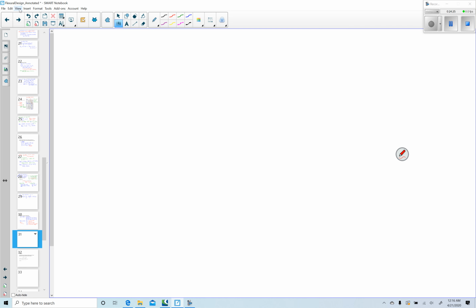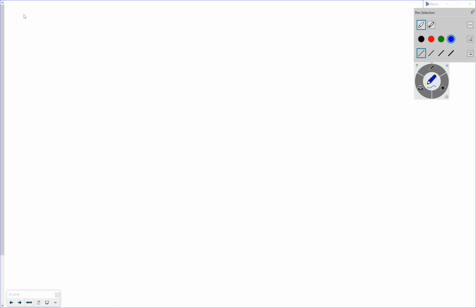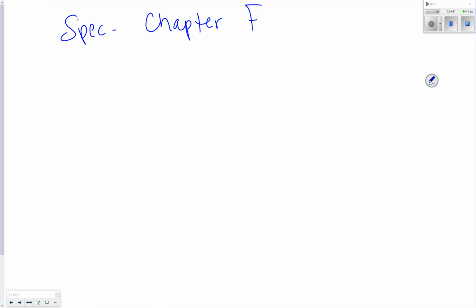What I can use to guide my design in the spec is chapter F. Those have the actual design equations. And then in the manual, I have the design tables in part 3.